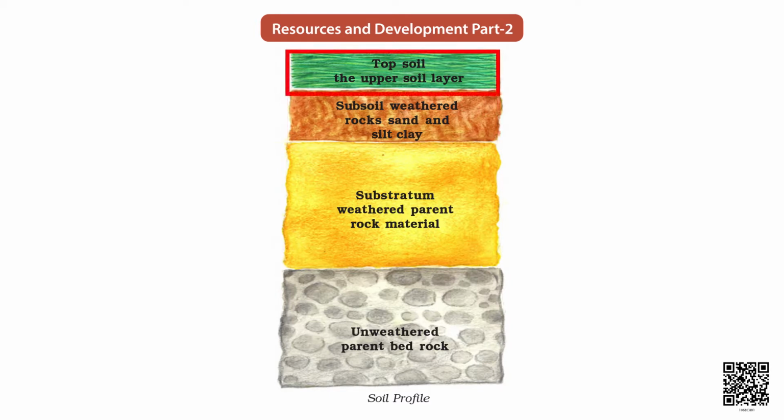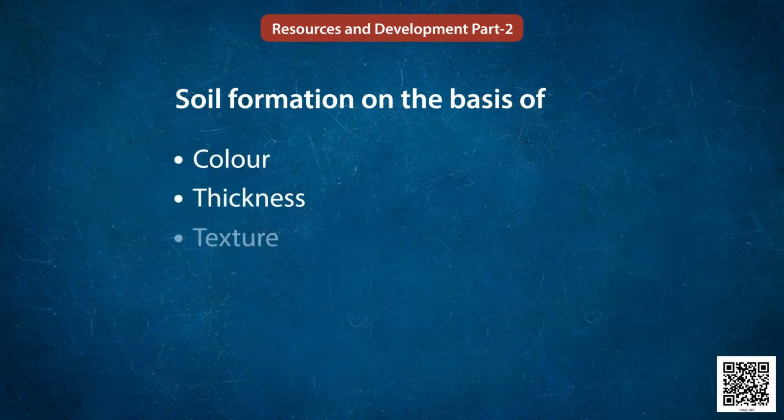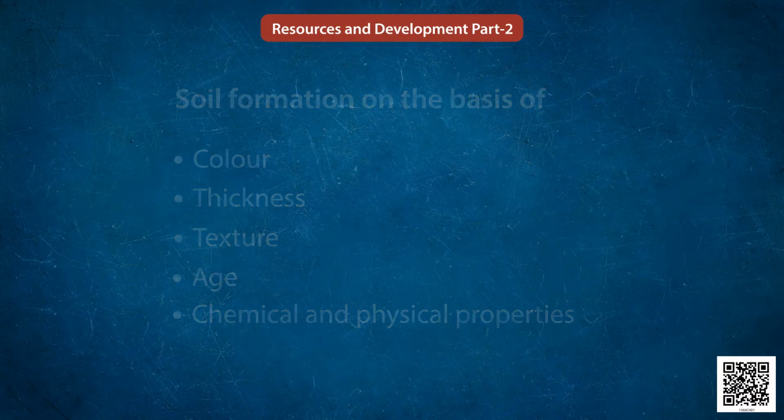These pieces get further broken down and form the upper top layer of the soil called topsoil. On the basis of factors responsible for soil formation, color, thickness, texture, age, chemical and physical properties, the soils of India are classified into different types.